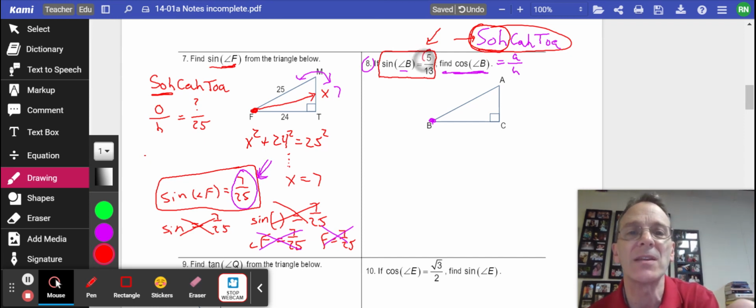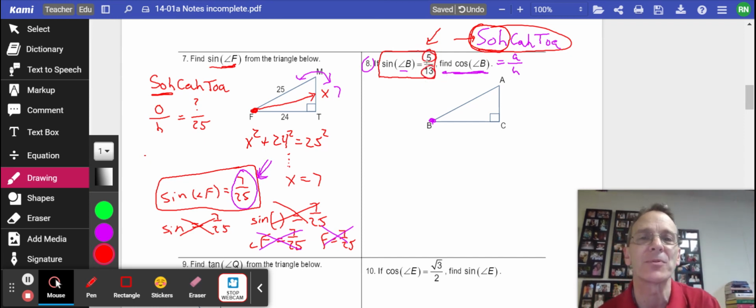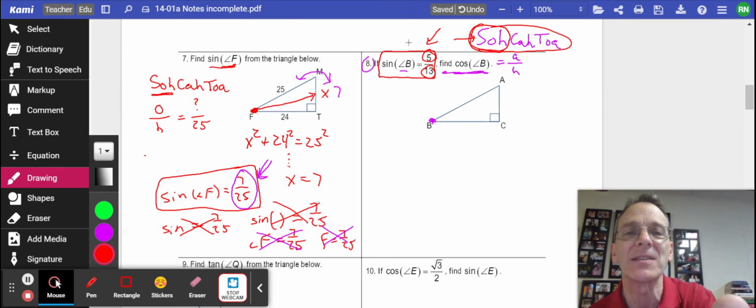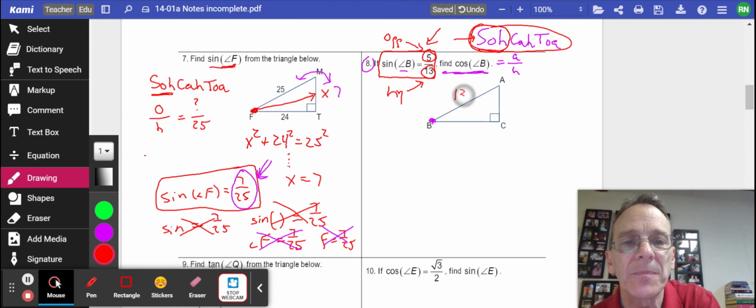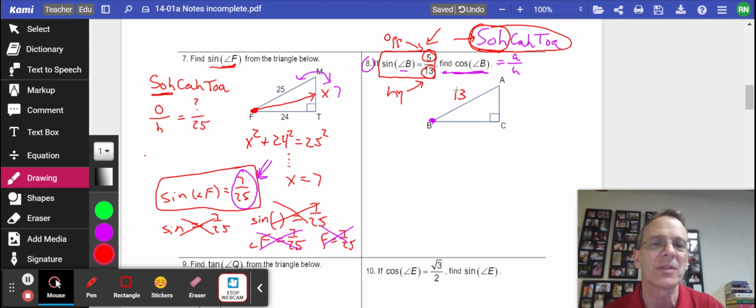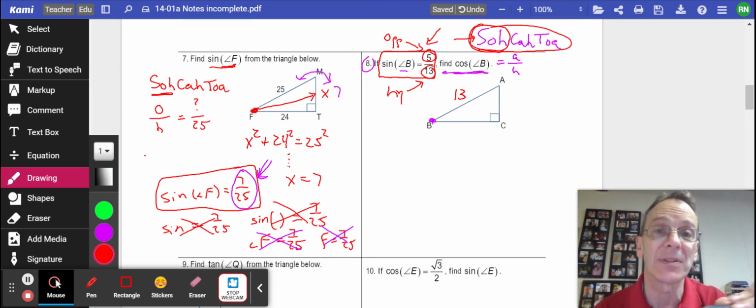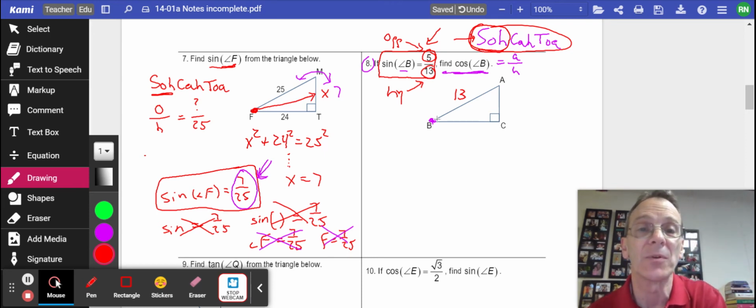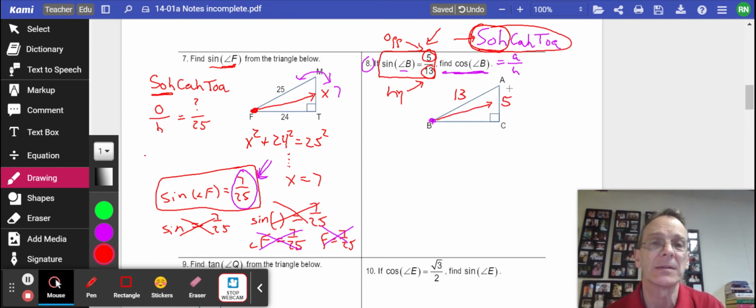And so these numbers can represent side lengths in the triangle. The 5 is opposite from angle B, and the 13 is the hypotenuse. So put the 13 alongside the hypotenuse and put the 5 along the side which is opposite from angle B, which would be that side over there.